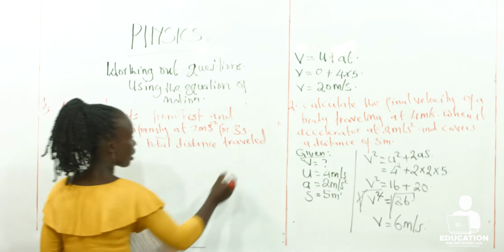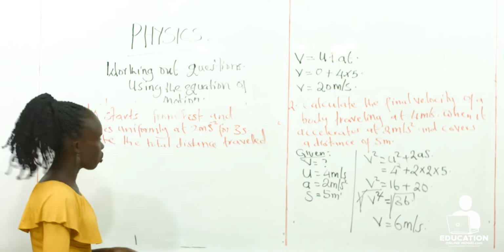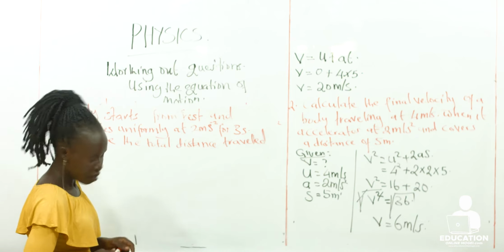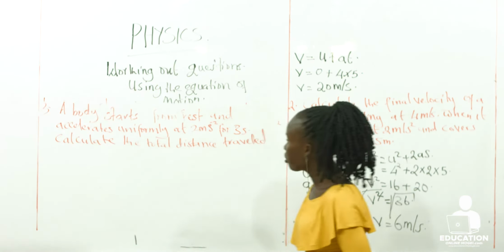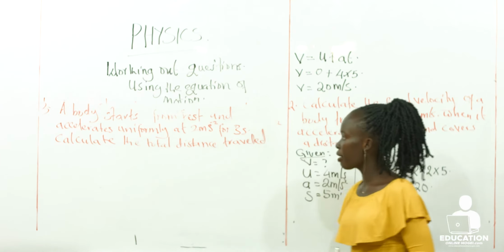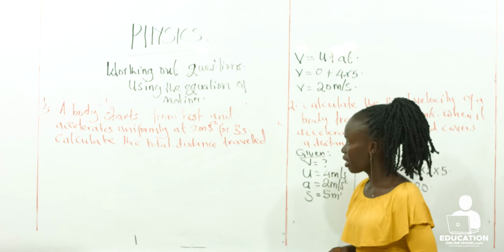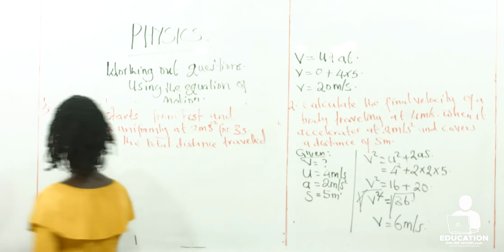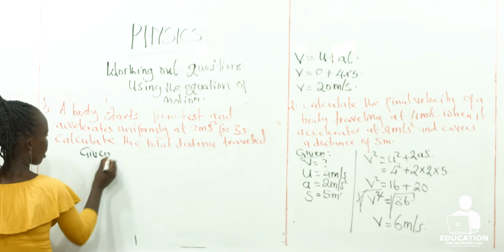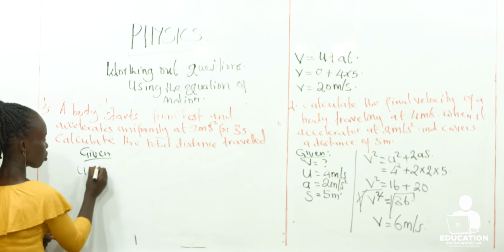So how do we get our distance traveled? You come back to your question and also summarize. Since they're saying that a body starts at rest and accelerates uniformly at 2 meters per second squared for 3 seconds, calculate the total distance. What have they given us in the question? We have a body starts from rest, meaning our u is equal to 0.